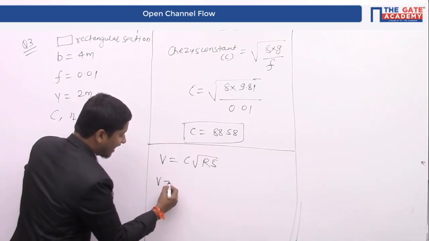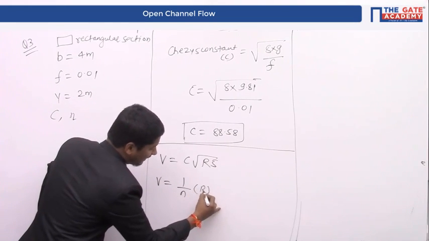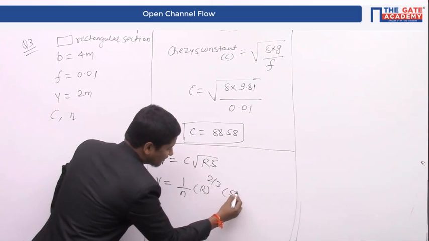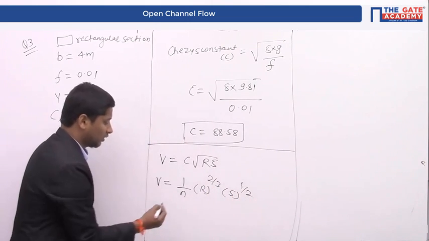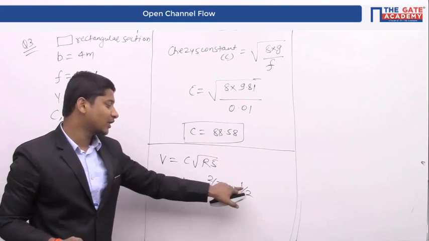And if you take Manning's formula, V is equal to 1 by n R to the power 2 by 3 S to the power 1 by 2. S is the same slope, R is hydraulic radius, n is Manning's coefficient, or we can say roughness coefficient. Now we will equate these two equations. So C root under RS will be equal to 1 by n R to the power 2 by 3 S to the power 1 by 2.